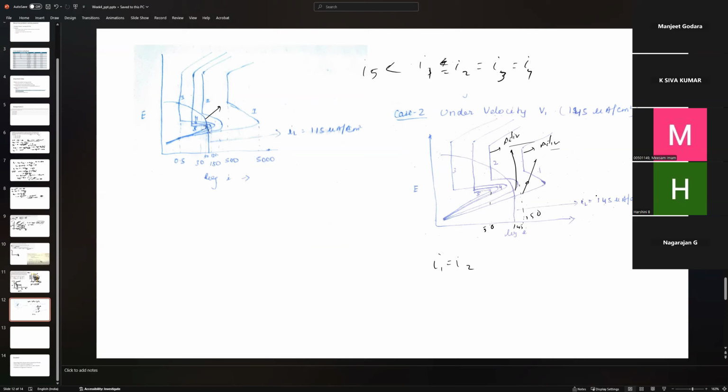And for all others, now we have to see the passivation current density IP. This is IP. So for the first sample, I will copy this table again.